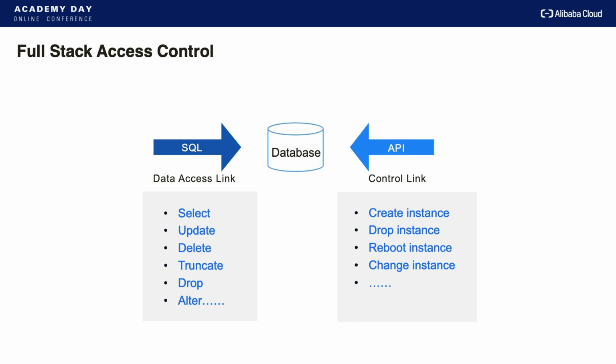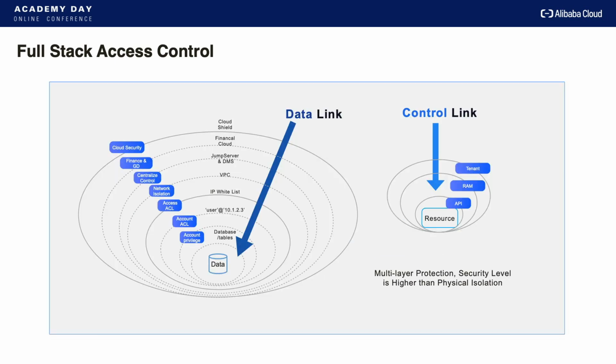Control level access is about the database instance. Maybe I'd like to create a new database instance, or reboot an existing one. This is less about data manipulation and more about manipulating your database instances. So two kinds of access: data access and control access.